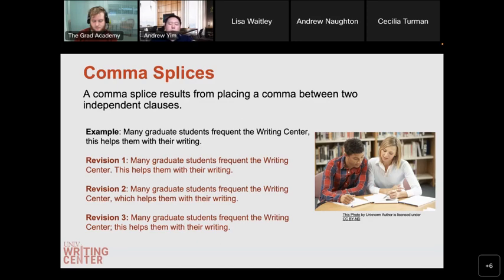Revision 1: many graduate students frequent the writing center, period. This helps them with their writing. Revision 2: many graduate students frequent the writing center, and you can use a comma with a which. Or revision 3: many graduate students frequent the writing center, semicolon, this helps them with their writing.